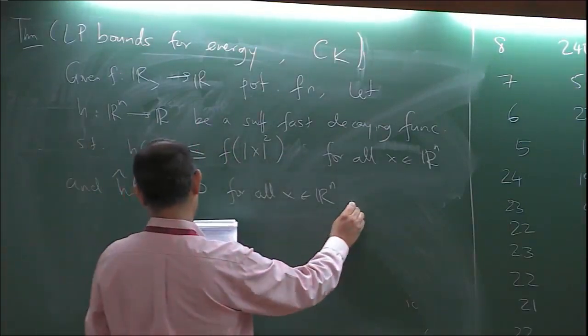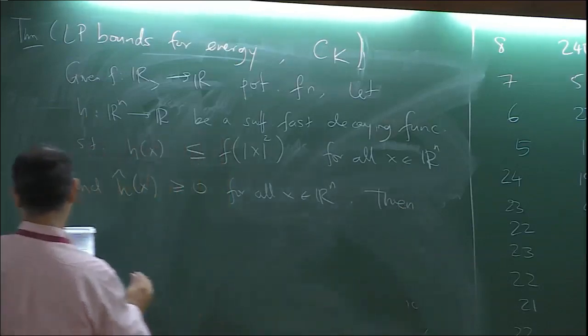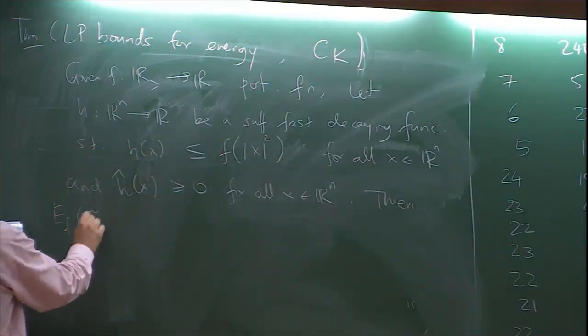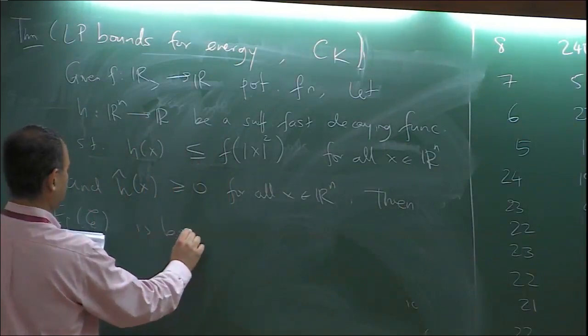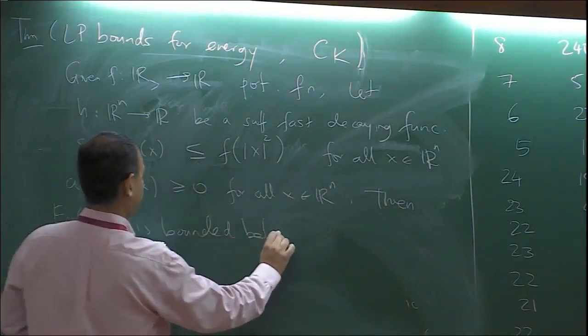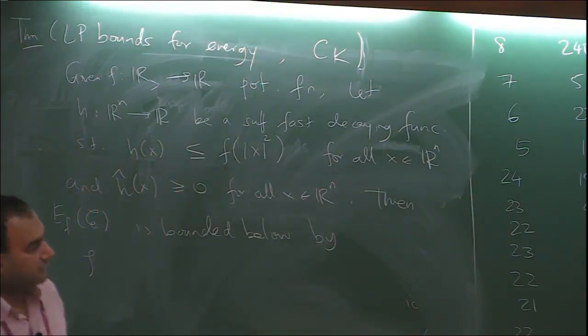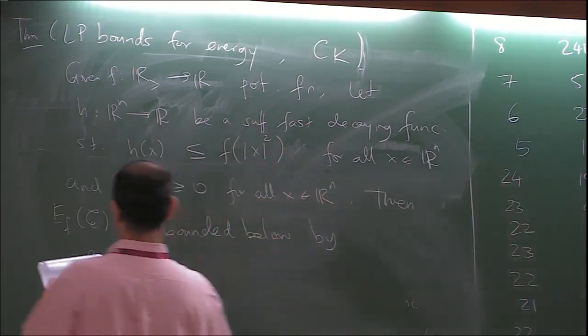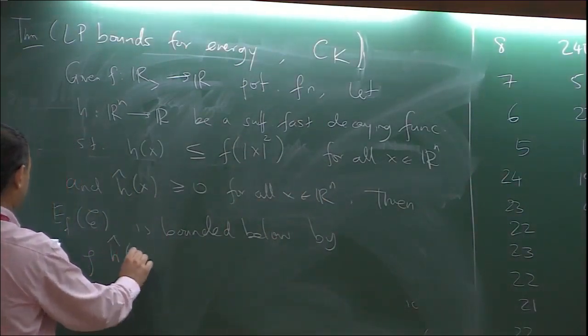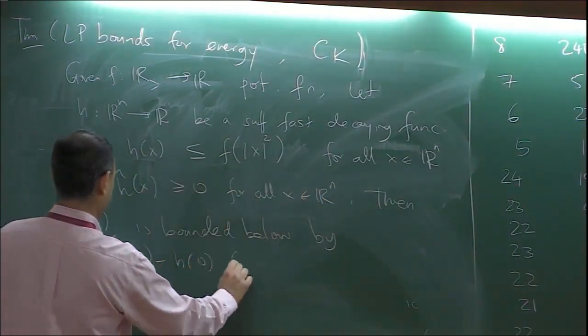If you find such an auxiliary function, it's saying then the energy E_f of C for any periodic configuration C with point density rho is bounded below by rho h hat of 0 minus h of 0.